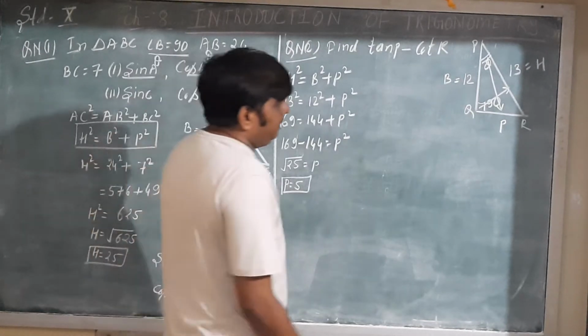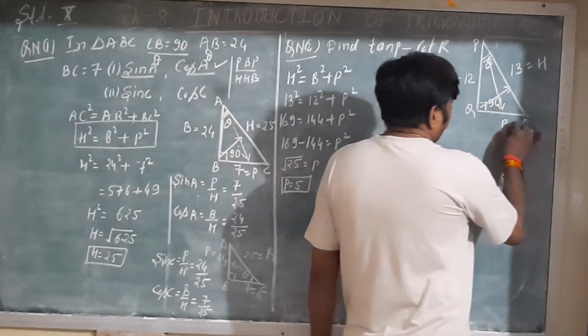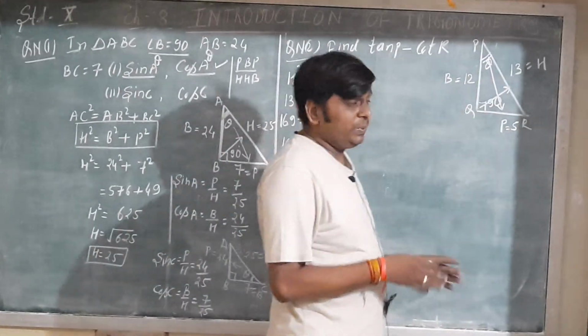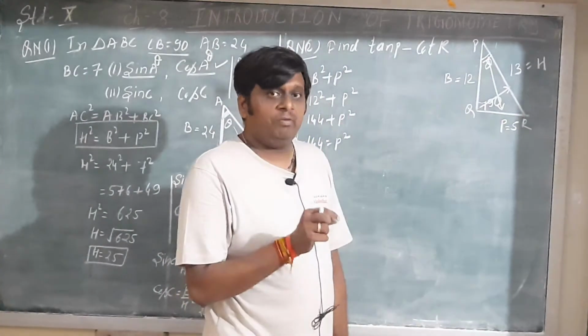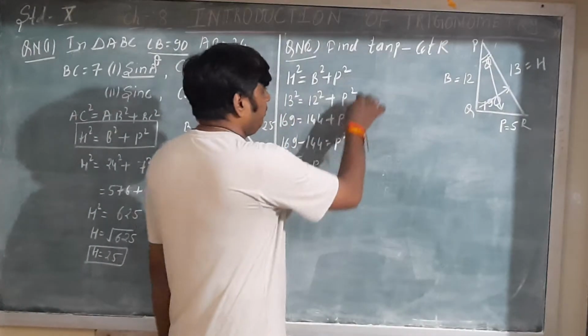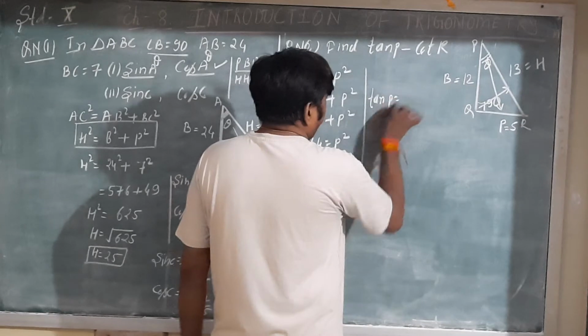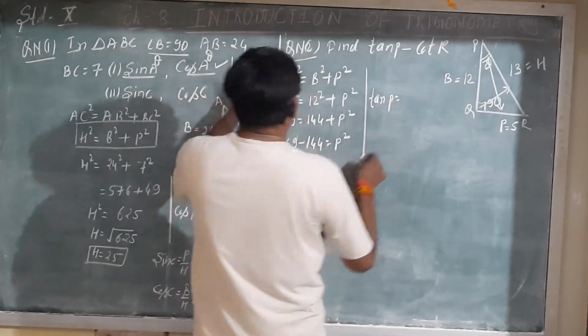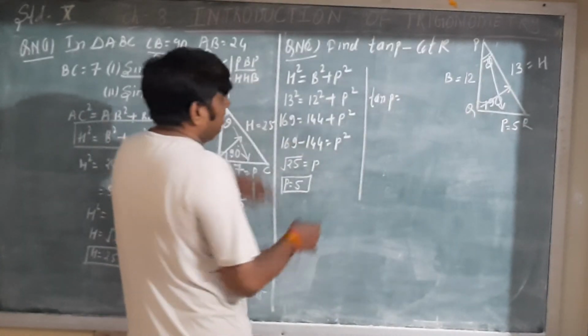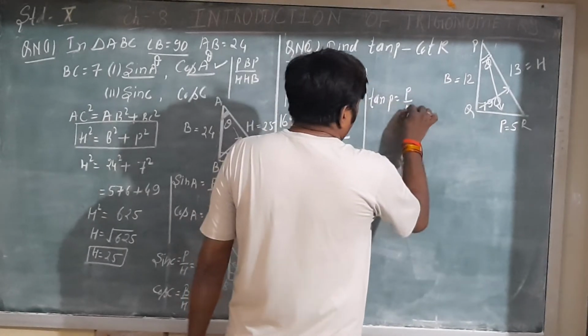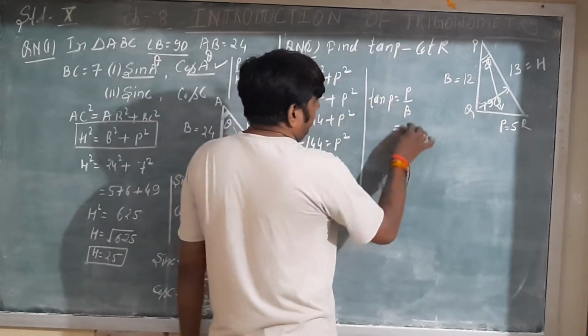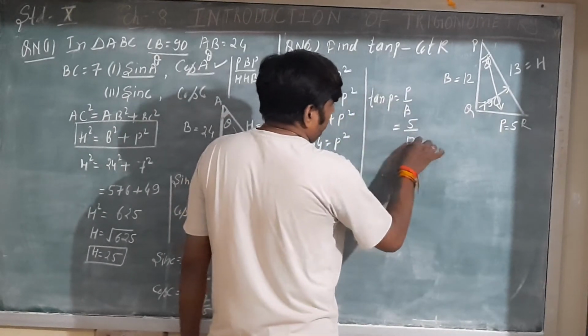So the perpendicular is 5. When angle P is theta, tan P is perpendicular upon base, so 5 is the perpendicular and 12 is the base.